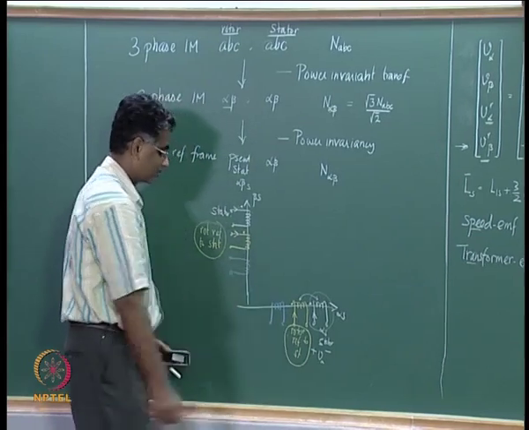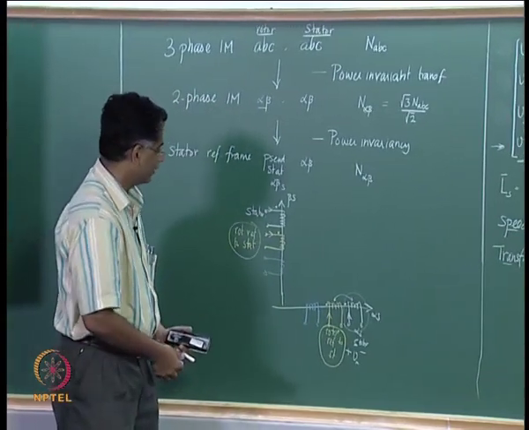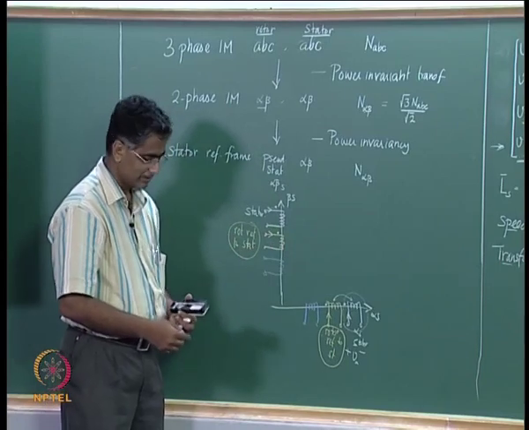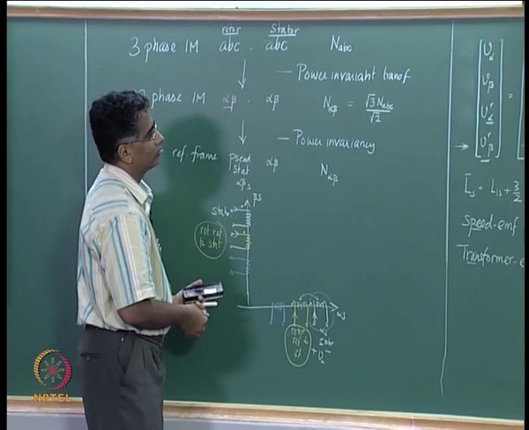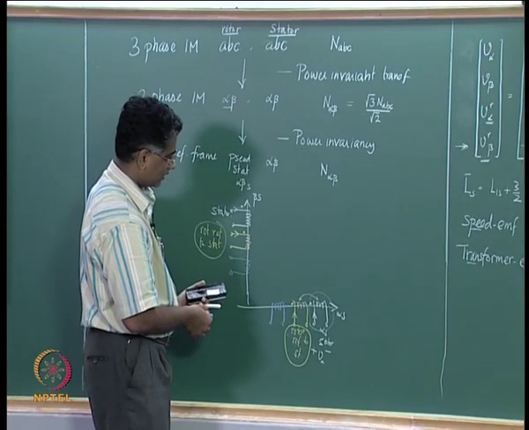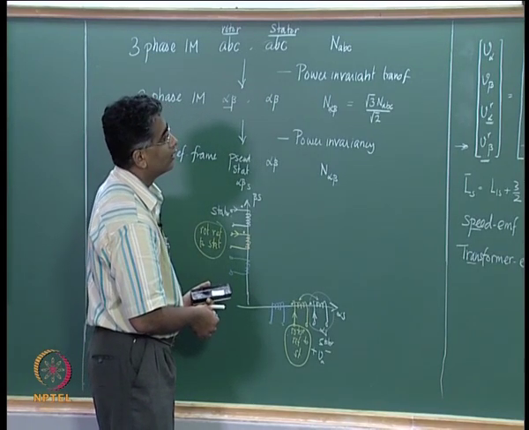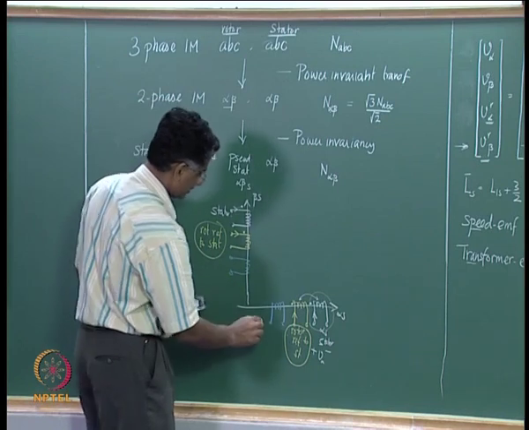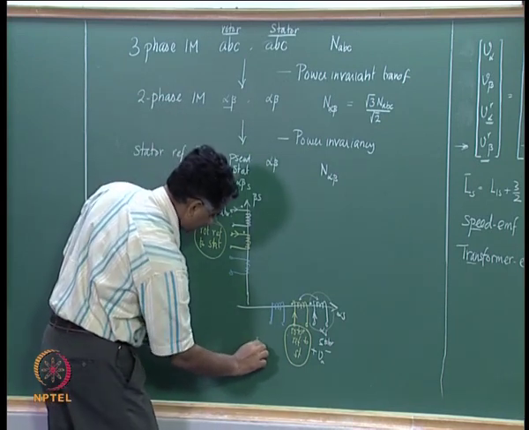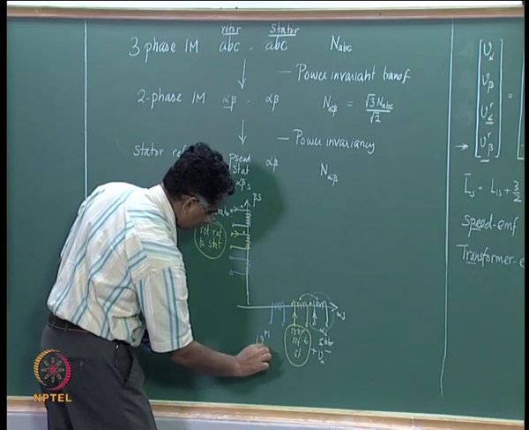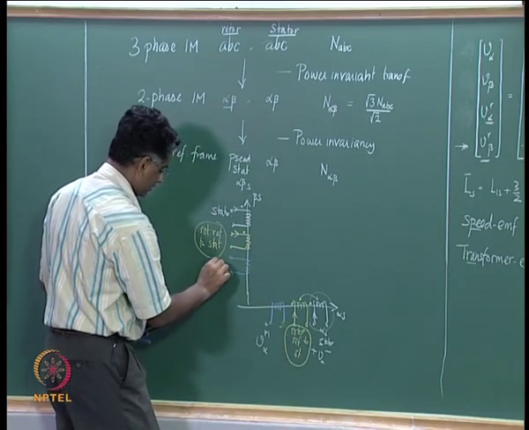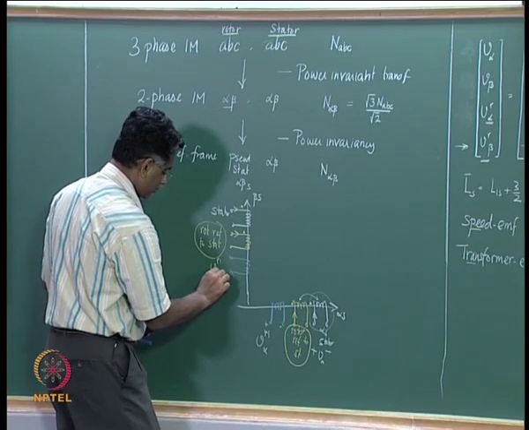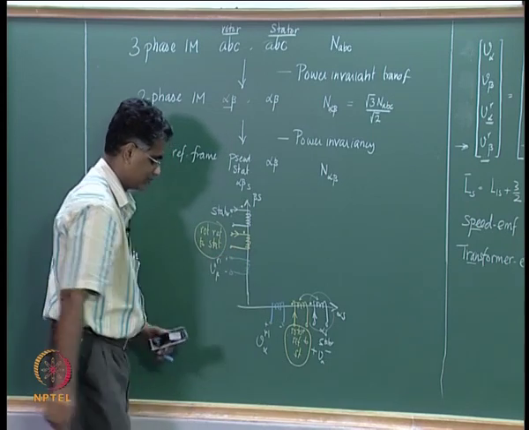So, if we are to consider a machine like this, we could call this VR1 alpha, the voltage that is applied here, and call this VR1 beta for the voltage that is applied here.